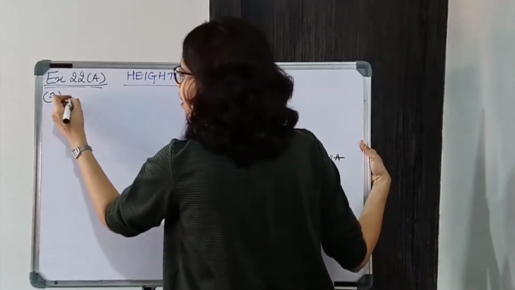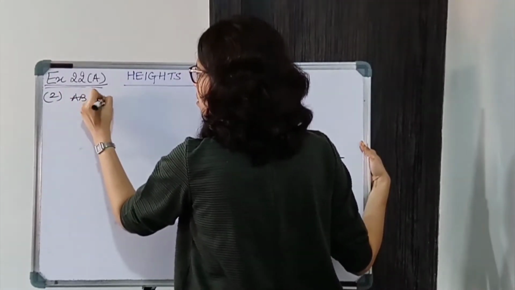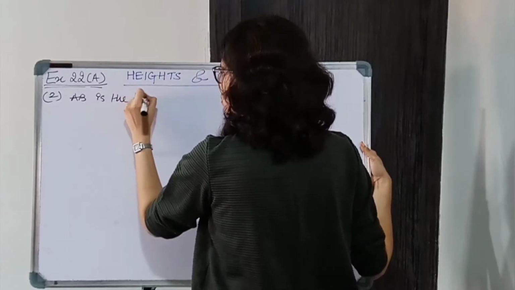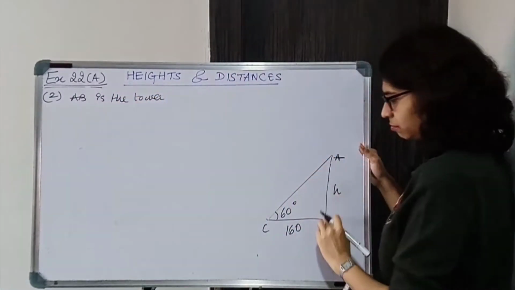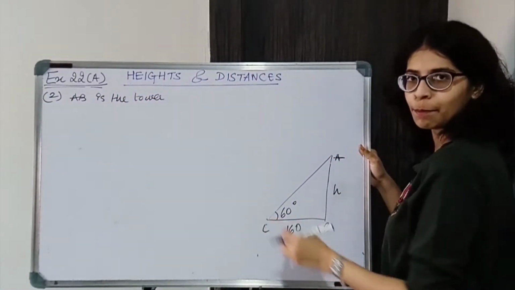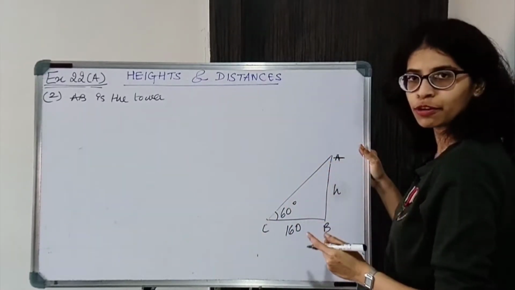Okay, now AB is the tower, C is the point from which we are observing the top of the tower.